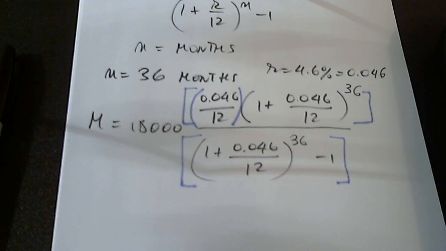Open another one, 1 plus 0.046 divided by 12. Close the parenthesis. Power. You know me, I like the power to be in parentheses. Bring down the cursor and close. So this is just the numerator. Any questions on the numerator?